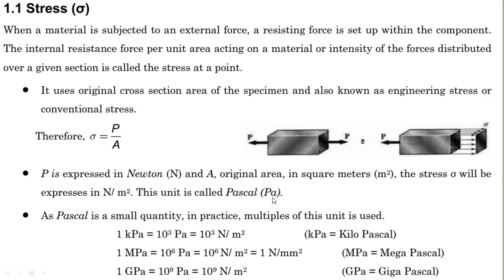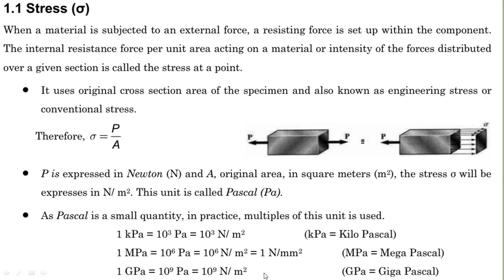So there are some other units we can convert. 1 kilopascal is equal to 10 raised to 3 Pascal, that is 10 raised to 3 Newton per meter square. 1 MPa, that is megapascal, is 10 raised to 6 Pascal, that is 10 raised to 6 Newton per meter square, that is equal to 1 Newton per mm square. And 1 GPa, gigapascal, is equal to 10 raised to 9 Pascal, that is 10 raised to 9 Newton per meter square.